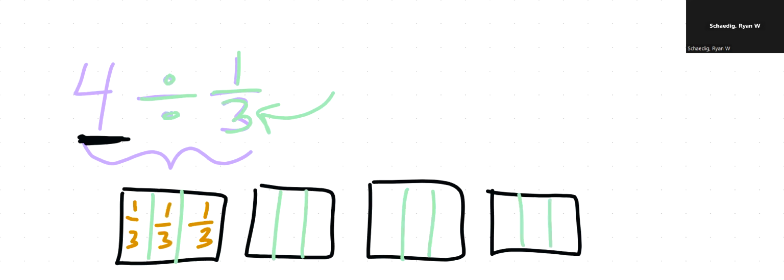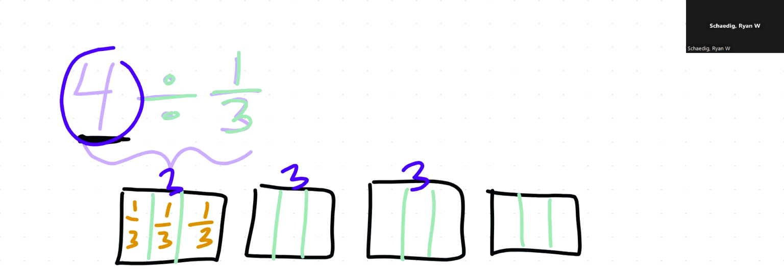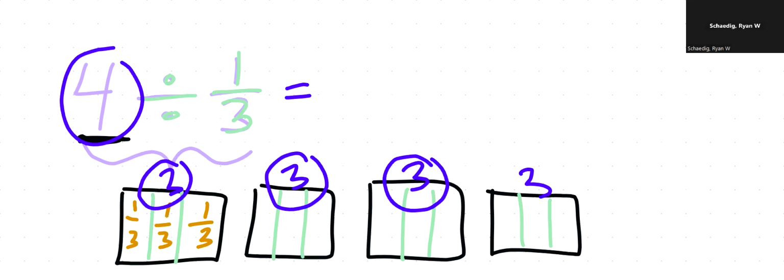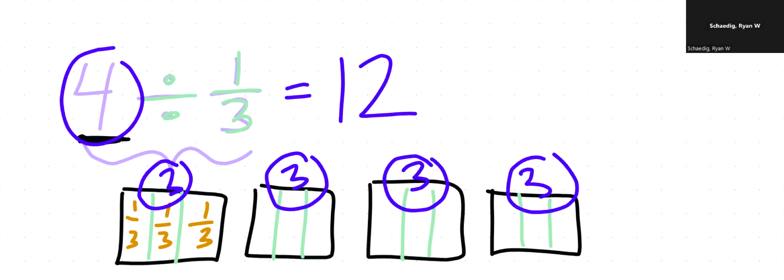When we put all of that together, the question is how many 1/3 size pieces do we get out of the 4 wholes? I get 3 pieces from here, 3 from here, 3 from here, and 3 from here. So I end up with 3, 6, 9, 12 pieces.